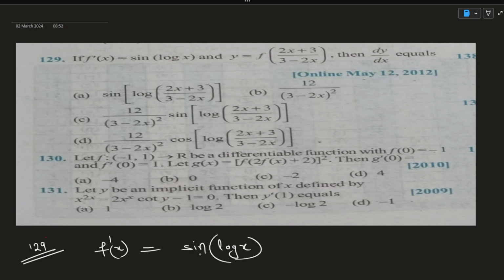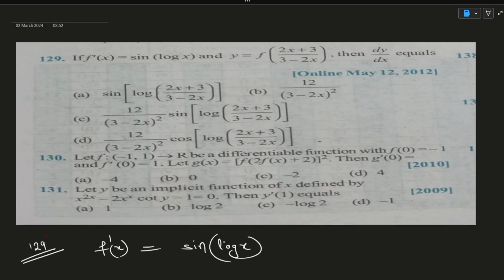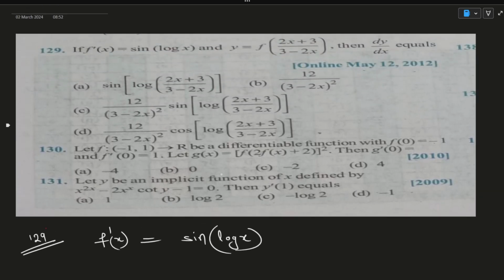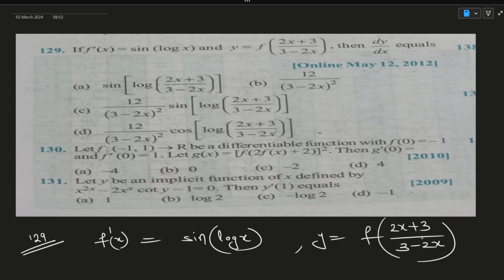So we have to evaluate dy by dx, and here we are given y equal to f of (2x plus 3) by (3 minus 2x). Okay, so here we have to evaluate dy by dx.